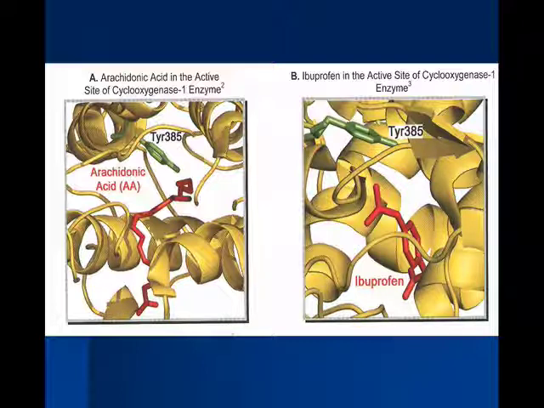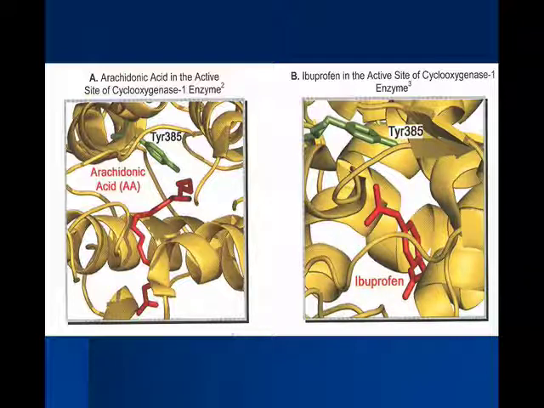When you take ibuprofen, the symptom goes away, right? And the reason is because ibuprofen will sit in the active site near that tyrosine 385. Okay? And because it's sitting there, what does that mean can't be there? Arachidonic acid. Okay? So this inhibits the cyclooxygenase 1 from doing its chemistry, which means that the prostaglandin synthesis is increased or decreased?